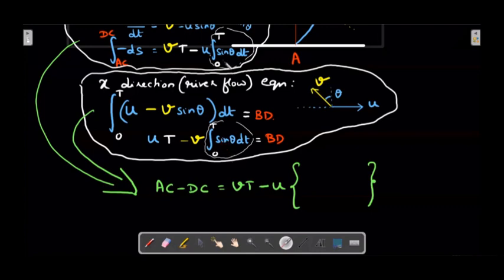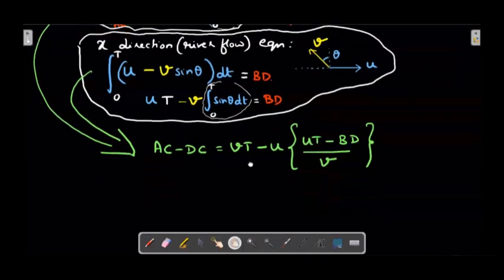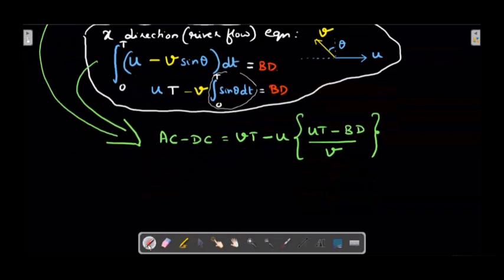The value of this integral, the integral of sine theta dt, will be ut minus BD divided by v. So I'll just write this is equal to ut minus BD divided by v. So this is your substitution.